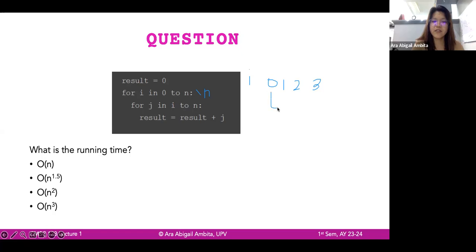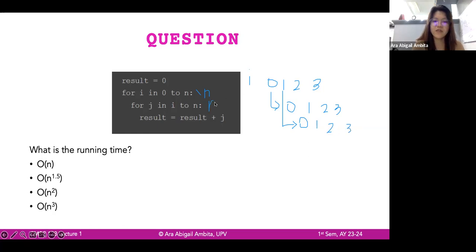And then for 0, the i here is 0, and then for each of this, say 0, 1, 2, 3, and then for 1, this will also run for 0, 1, 2, 3, let's say 4 times.